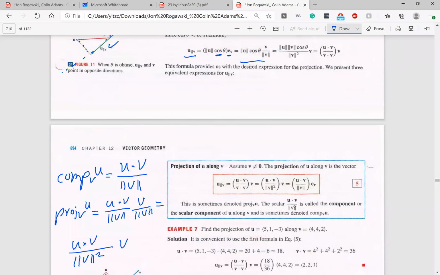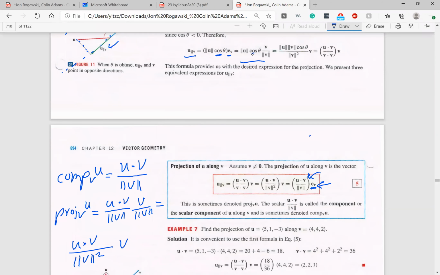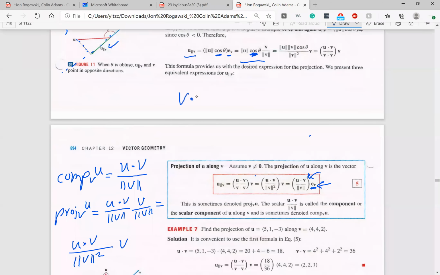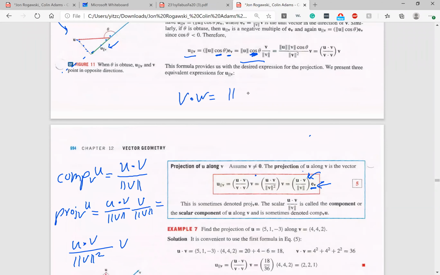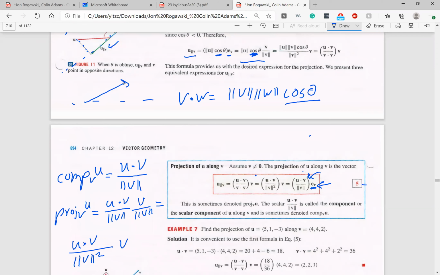So yeah, again, there are two parts here. There's the component of my projection, and there's the unit vector in the direction of v. And this is actually the important thing to find, and this is the much easier thing to find. But as you can see, the dot product is used in the projection because the dot product kind of represents cosine, right? Again, v dotted with w is equal to the magnitude of v times the magnitude of w times cosine of theta. And cosine allows you to take lines and project them onto the x-axis.